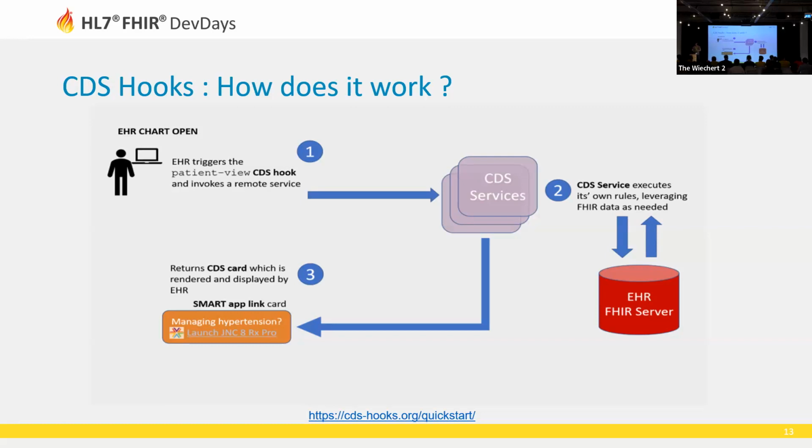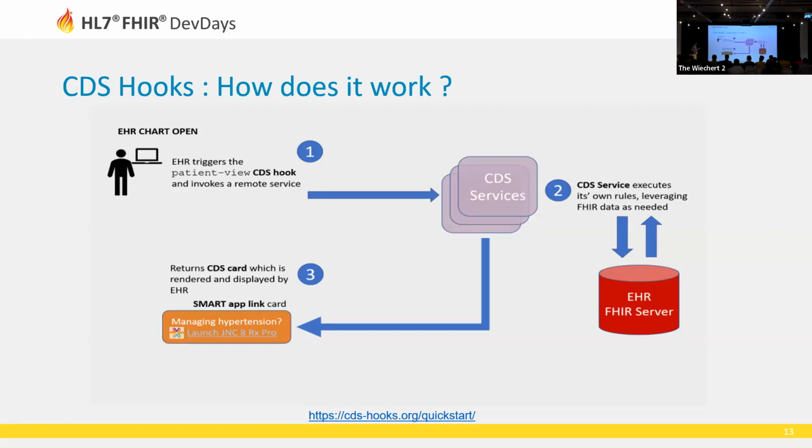The thing I also want to talk about is this link right there, where you notice that the service can request information from the FHIR server. There are actually 2.5 ways of giving information to the service. First, there is information that comes with the hook that is invoked.